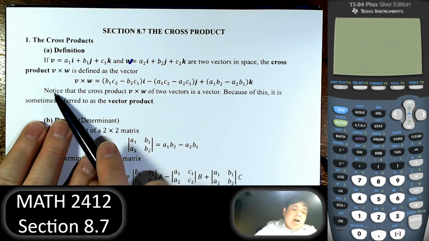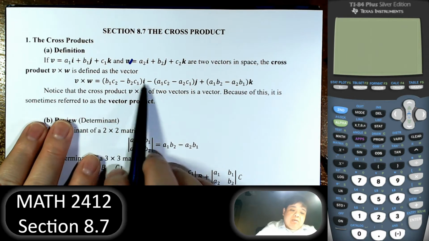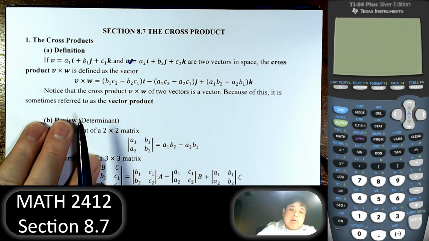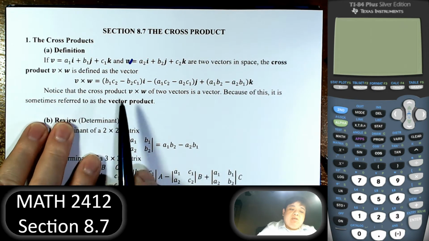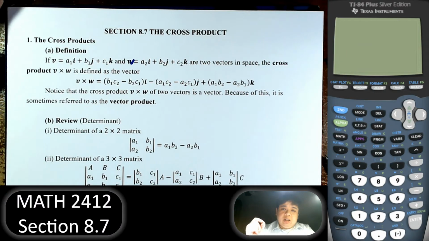Notice that, number one, the cross product is going to be a vector. It also has i, j, k components, and because of this, it is sometimes referred to as a vector product. One distinction between this and the dot product is that the dot product works for vectors of any dimension: 2 dimension, 3 dimension, any vectors.